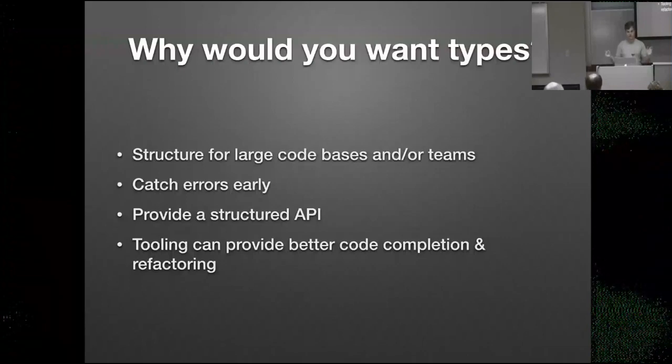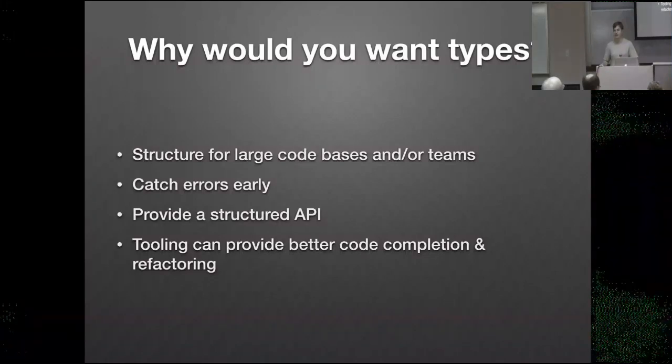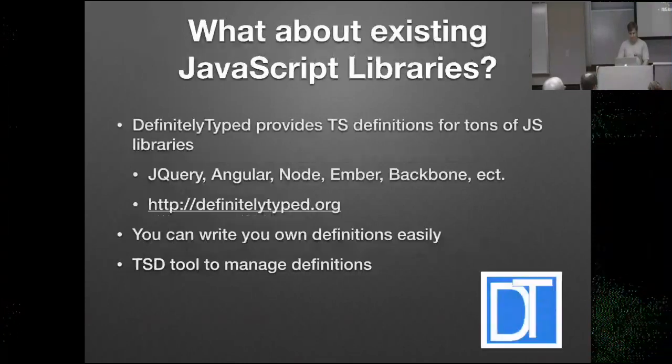Because everybody does logging a little differently, and it was nice to just get that drop-down and know I could call the debug method and pass in a message and an object. And I didn't have to go look that up in the AngularJS documentation. I got it right in my editor and my IDE.